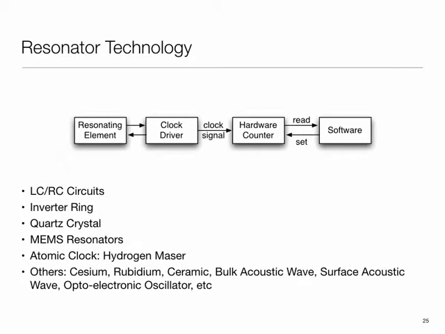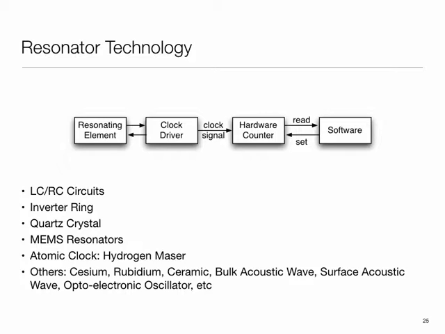Okay, so let's look at what kind of resonation technologies we have easy access to when it comes to the embedded platforms themselves. While you could certainly buy a $1,500 atomic clock and use it, and there are groups who have access to it, more commonly the kinds of clocks you are going to encounter are much simpler.